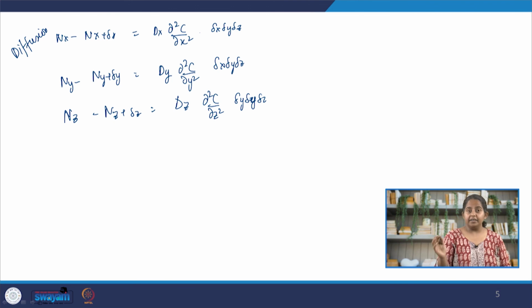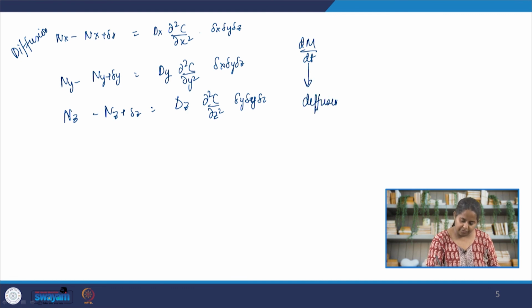Now the net movement of mass due to diffusion through the parallelepiped will be the summation of all this. So dm by dt due to diffusion will be the summation of all this. Let us add all of these.